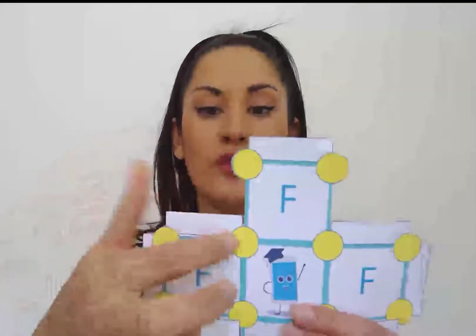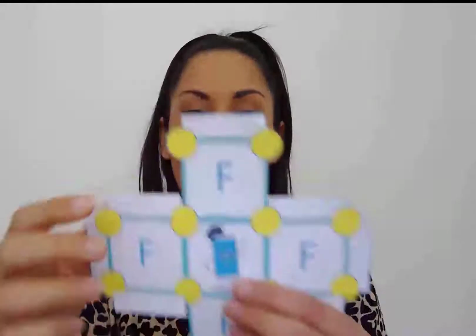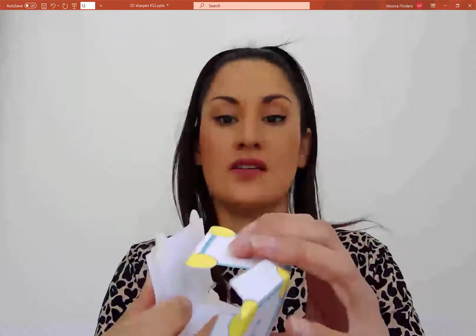And then what you want to do is fold along all of these lines. So you're going to fold the tabs over, so that all these bits are folded. So fold along all of your shape like this so that all the faces fold as well. And then you can start to assemble it.